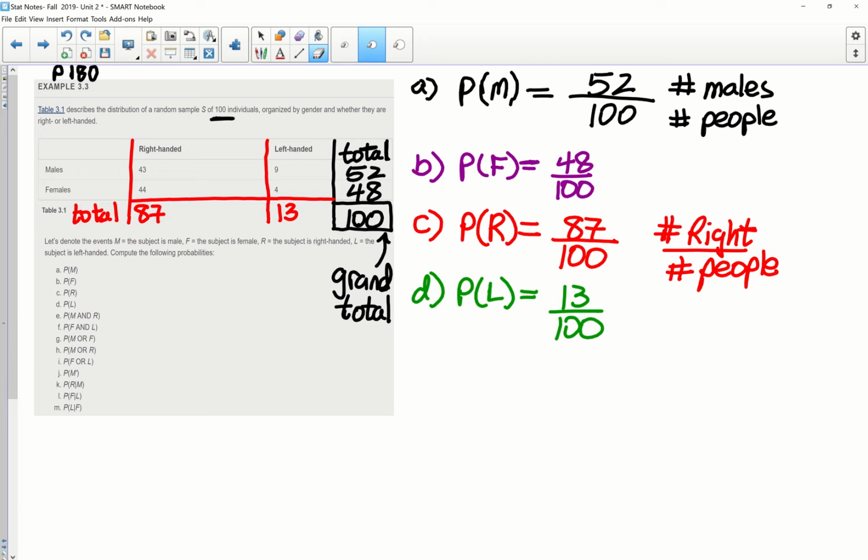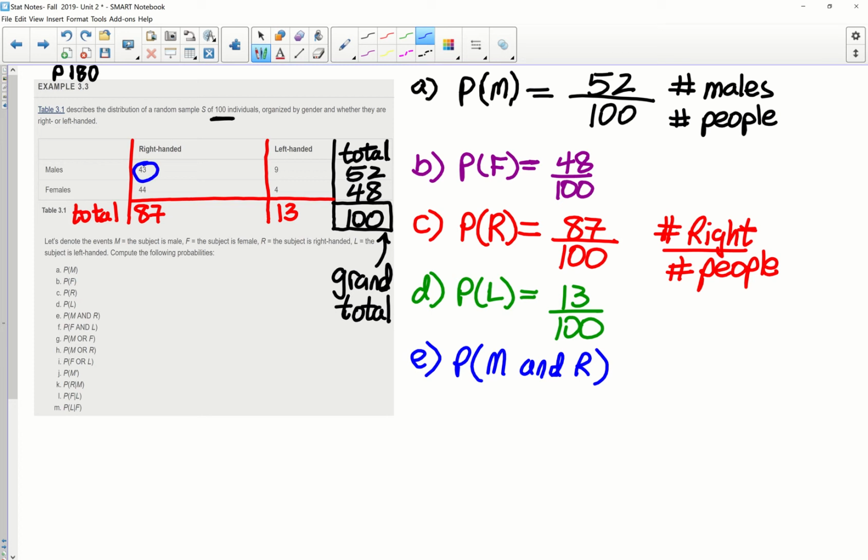Now, E through I are all just reasoning at this point. I'll show you a more structured approach in a little bit. If I were to say probability of getting a male and somebody who's right-handed, all I'm going to do is look in my table for right-handed males, because it has to satisfy both criteria.